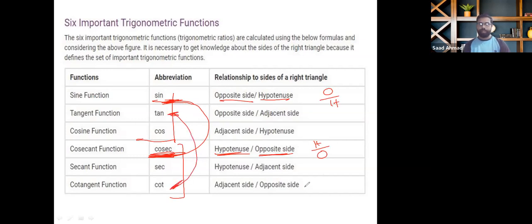They are related with each other because tan is opposite over adjacent and cot is adjacent over opposite. And then cos and secant are the reciprocals of each other because this is A over H and this is H over A.